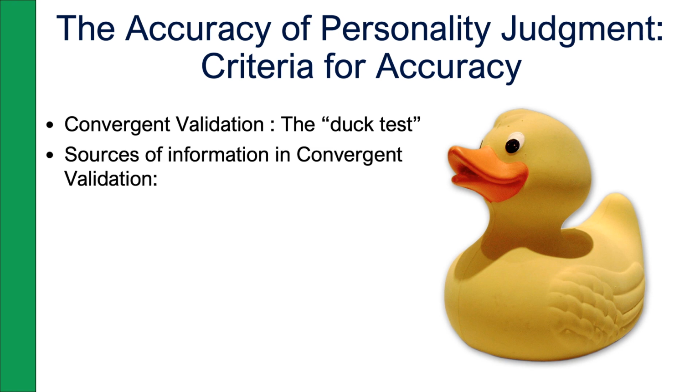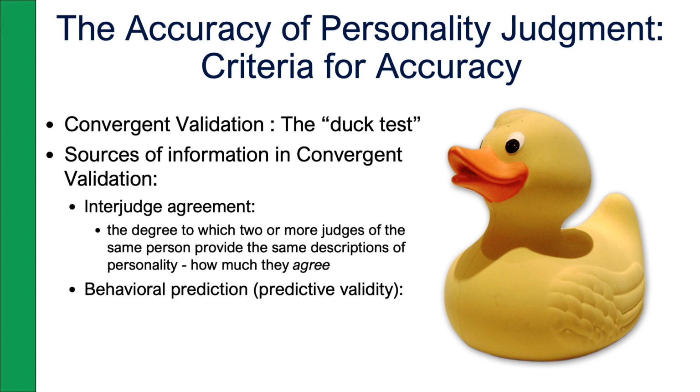And determining whether a personality judgment is accurate is a similar process. So you take different sources of information, and we know what these are, whether or not you have multiple raters who agree or multiple judges who agree, and whether or not that personality judgment is able to predict that person's behavior. To the extent that multiple people agree on a person's personality judgment, and to the extent that that judgment can predict that person's behavior, you have a valid and accurate judgment.